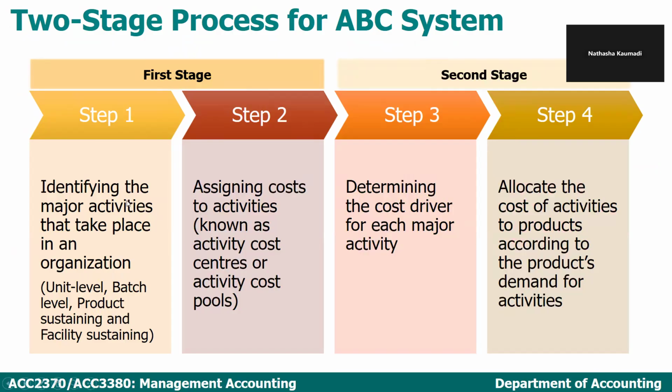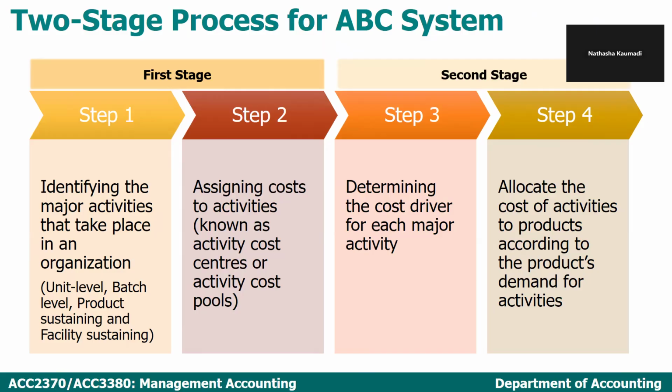In the ABC method, we identify major activities in an organization. We are not allocating the cost to departments. Previously, in the traditional absorption costing method, we allocated the cost to departments and then calculated the unit cost after allocating the cost. But now we are not allocating the cost to departments.